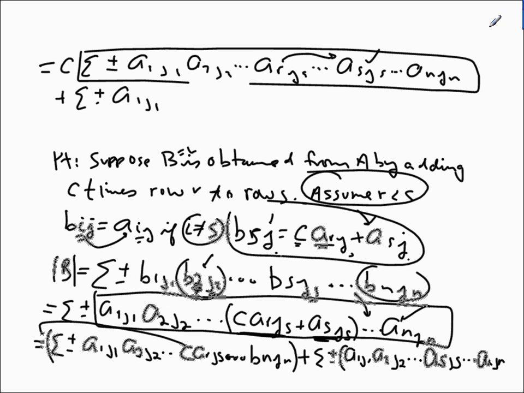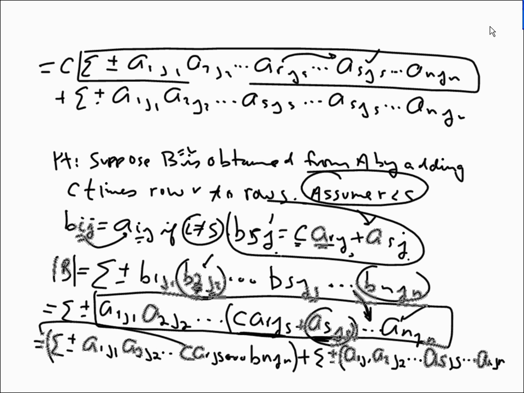So we have the second summation when we're using this term. Now remember, here is ASJS. So basically we have A1J1, A2J2. Eventually we have ASJS. And then somewhere else we have ASJS. And then eventually ANJN. Okay.